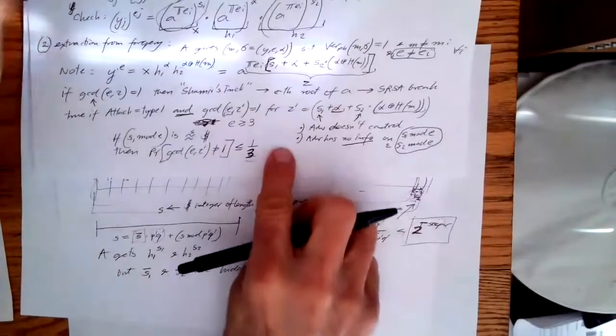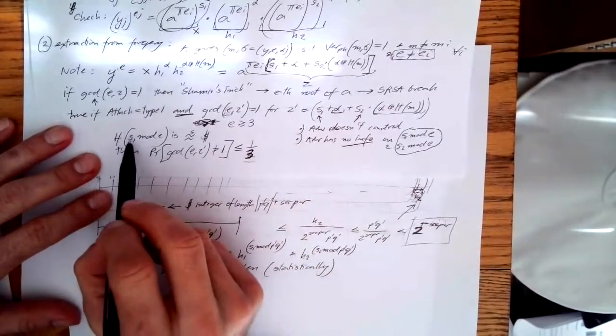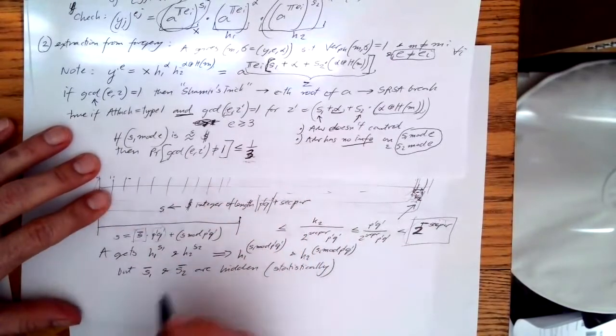And what was a key issue in this attack? Is S1 mod E hidden?